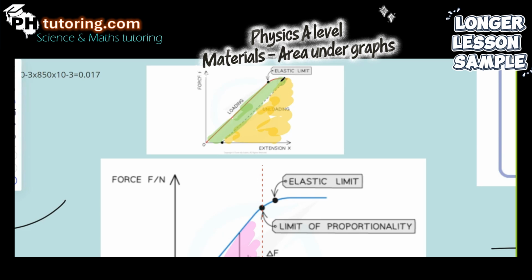Elastic collisions are when energy is conserved, kinetic energy is conserved. So we can see that the same use of the word is coming into play. Beyond this elastic limit, when the extension stops being elastic, we're now not conserving energy, and we're expending some of it as heat. And so you can see this difference in energy here.